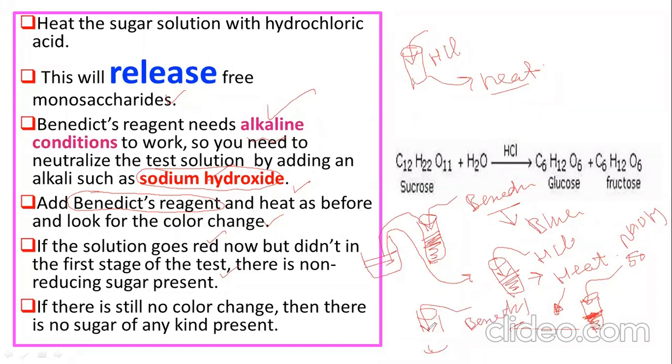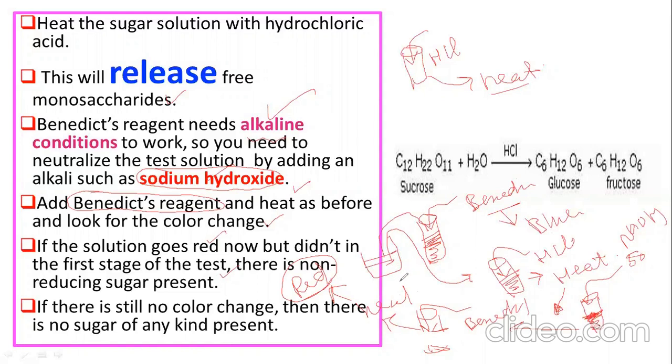Once you put Benedict's, again you should give heat in a water bath and check for the color change. If the color changes to yellow, greenish or red, it means that there was sugar in this tube, and that sugar was non-reducing sugar.